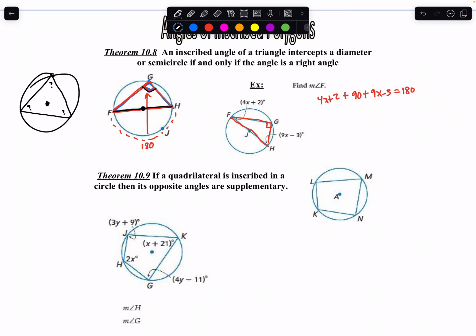From here, we just do basic math. We have 9x plus 4x, that's 13x. Combine like terms, the x's get combined. We have 90 plus 2 is 92. Subtract 3 is 89. We move the 89 over. 13x equals 180 minus 89.